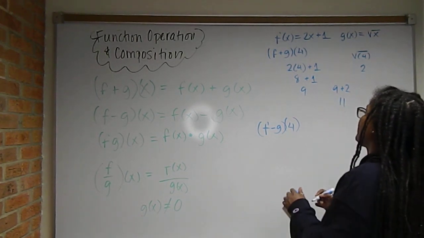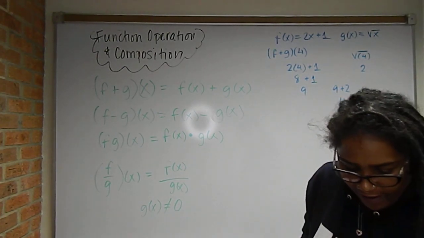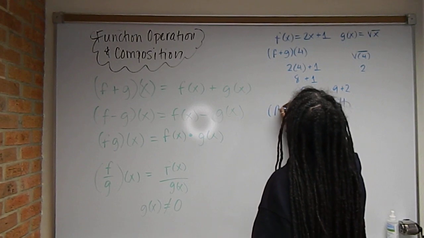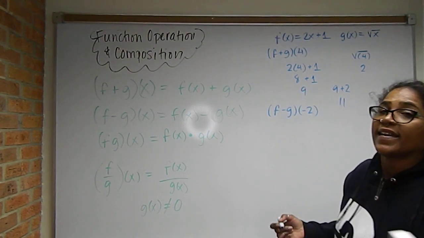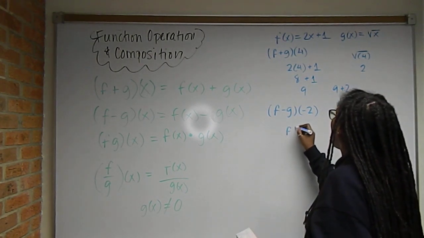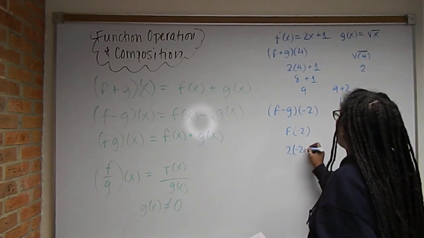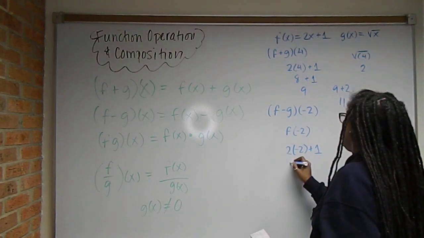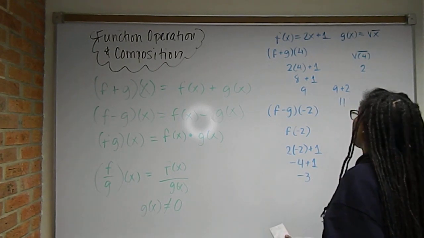Oh, that's because I didn't want 4. I saw it. Here it is. I was trying to make it so you would have a negative value underneath the radical. So f of negative 2 says 2 times negative 2 plus 1, negative 4 plus 1, negative 3, right?